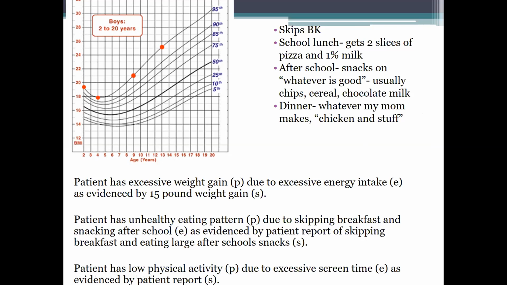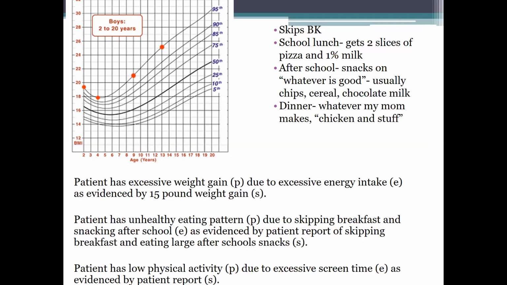So I wrote 3 example PES statements based on this case. I put he has excessive weight gain due to excessive energy intake as evidenced by his 15-pound weight gain. I put he has an unhealthy eating pattern due to skipping breakfast and snacking after school as evidenced by patient reported skipping breakfast and eating large after school snacks.